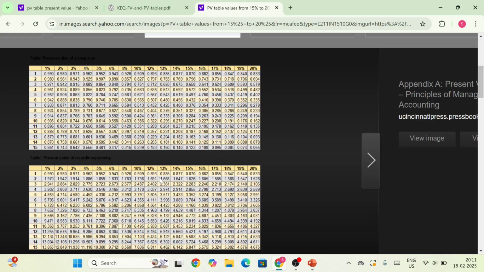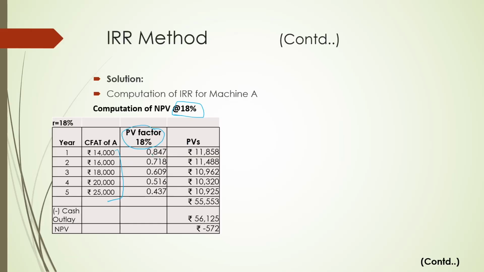So we have taken the same values, right? 0.847, 0.718, 0.609, 0.516 and 0.437. Now, what you do? We have to calculate the PV values, that is, present values. How do you get them?